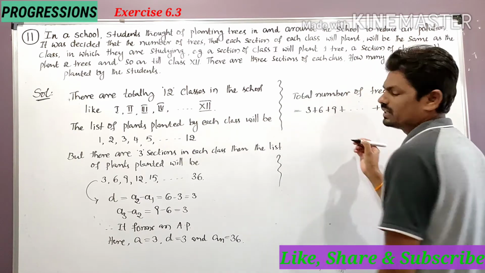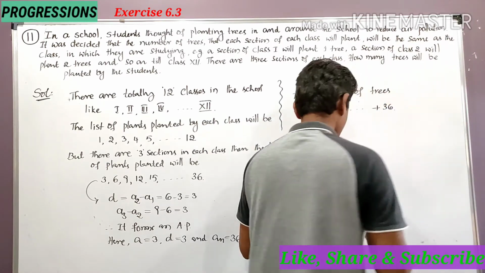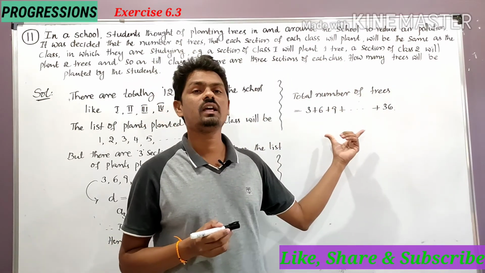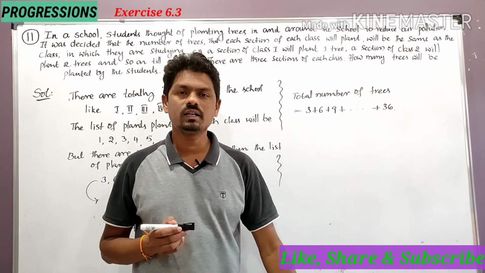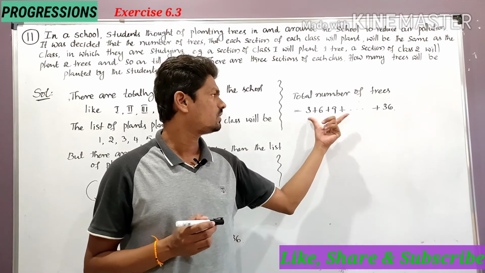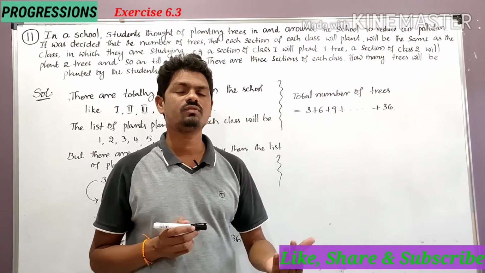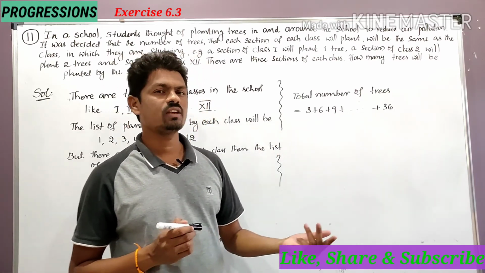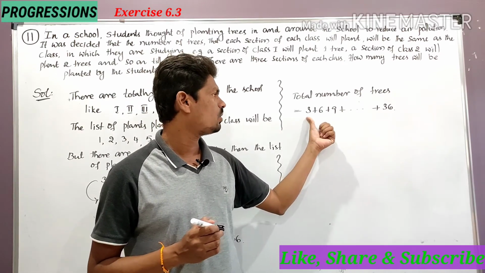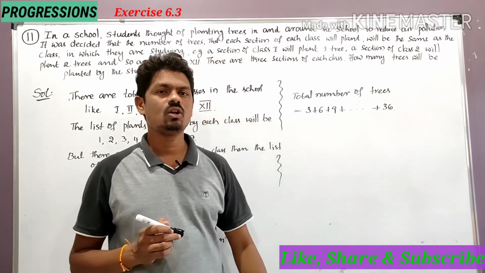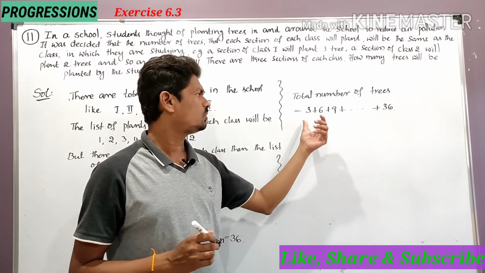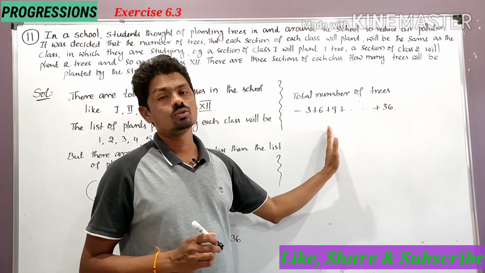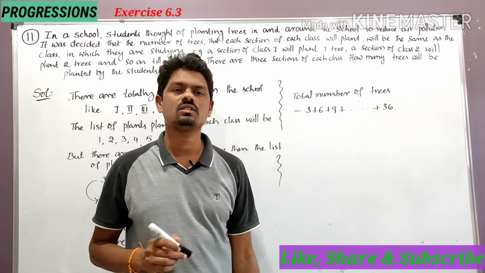So it is nothing but the sum of the n terms of an AP, we have to find the sum using the sum of the n terms of an AP. So we have to use the second formula if we have the first term and the last term. So Sn is equal to n by 2 into A plus An. Here we have the first and the last terms.